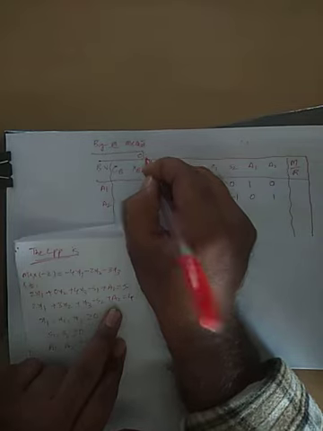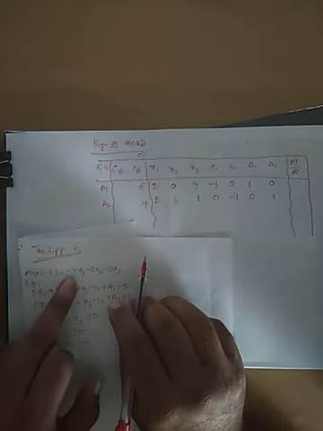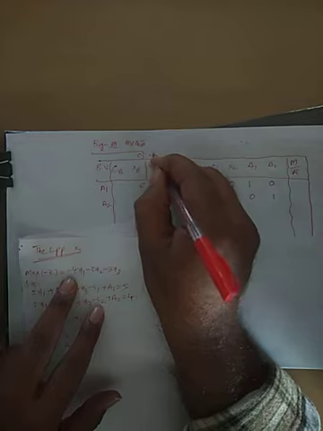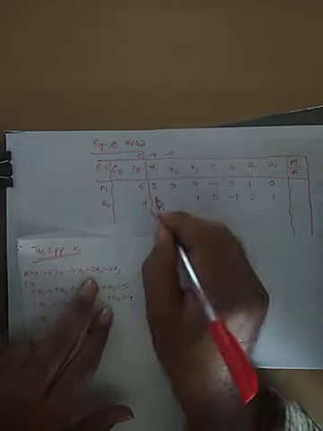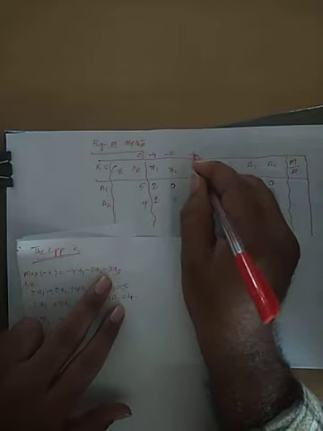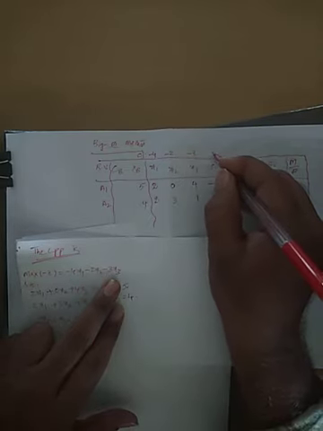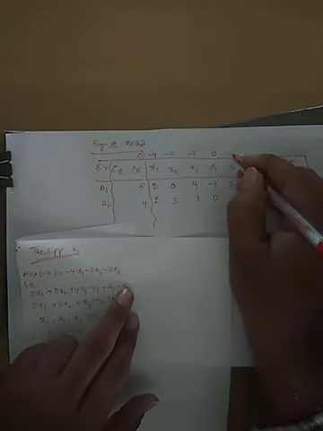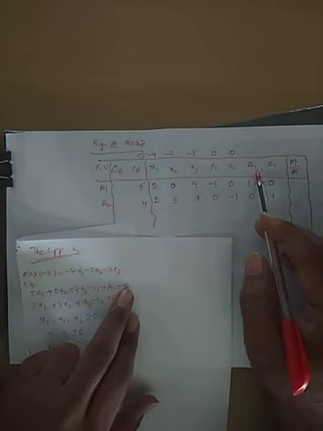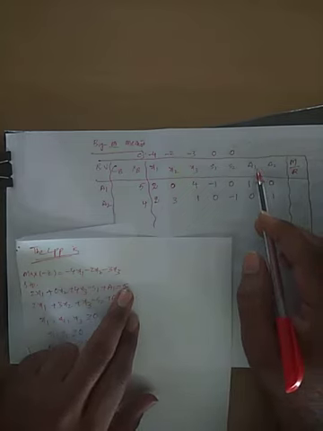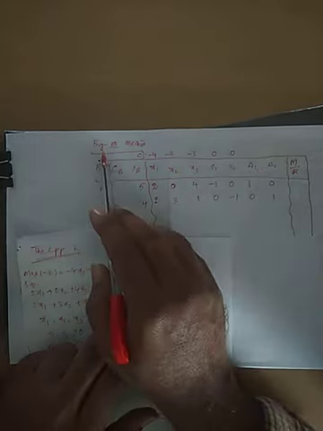Cj values are the coefficients of the objective function. Now here what is that? -4, -2, -3. S1 is not there, hence its coefficient is 0 in the objective function. S2 is not there, the coefficient becomes 0. Then what is the coefficient of A1? Be careful, this is the big M method.